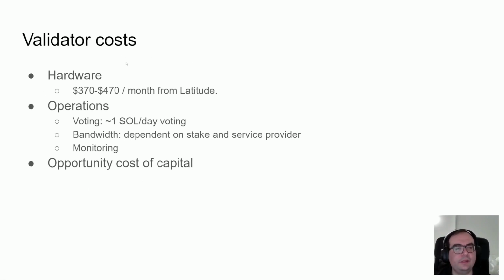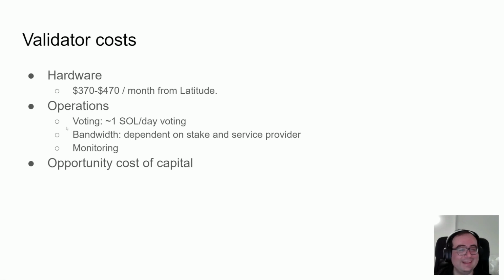It's a nice summary, and in terms of cost, we have the hardware cost. You have to run hardware, and to give some order of magnitude of the cost, from Latitude you will need to pay something around $370 to $470 per month. Then you have operational costs like voting.